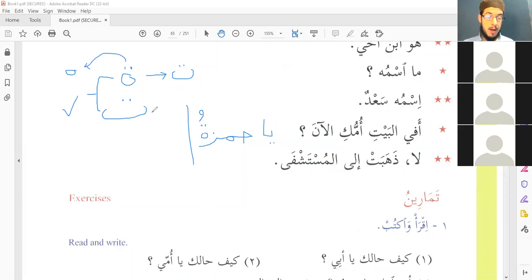So we have the feminine ta in nouns and in verbs. So that's the second kind of revelation about this particular lesson, is that now we're starting to get more into jumla fi'liya, into verbal sentences, sentences that begin with a verb. We talked about the parts of a jumla fi'liya, the fi'l, the fa'il, and the maf'ul.